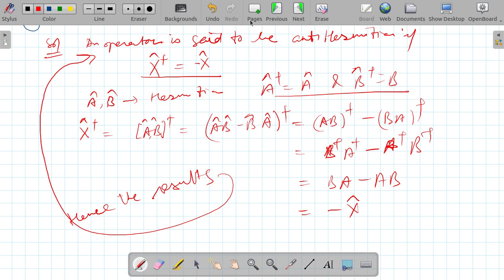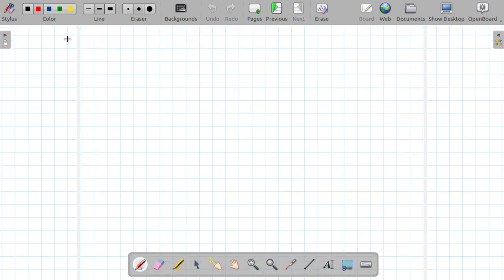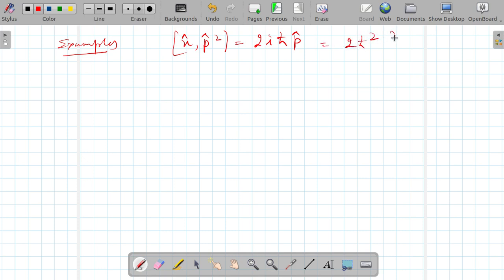Then let us take some more examples. To prove that [x, p squared] must be equal to 2 i h-bar p operator, or 2 h-bar squared del over del x.